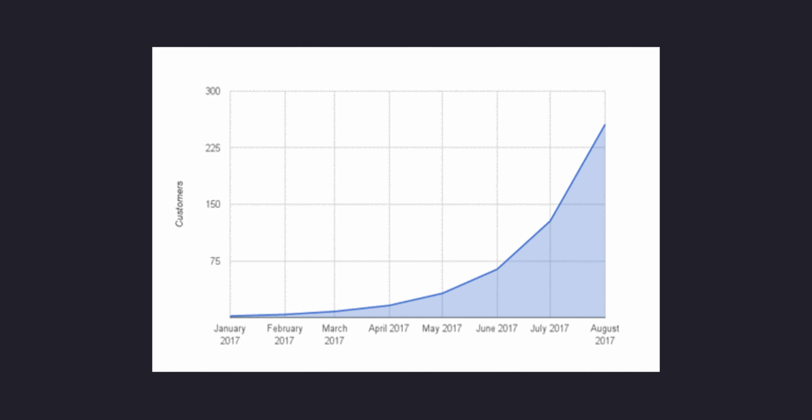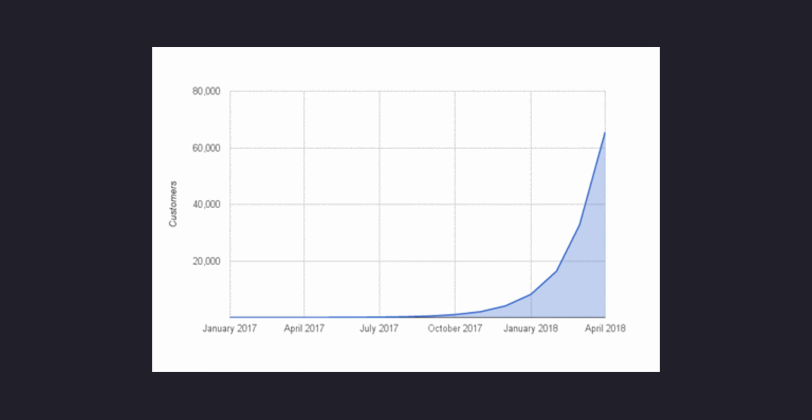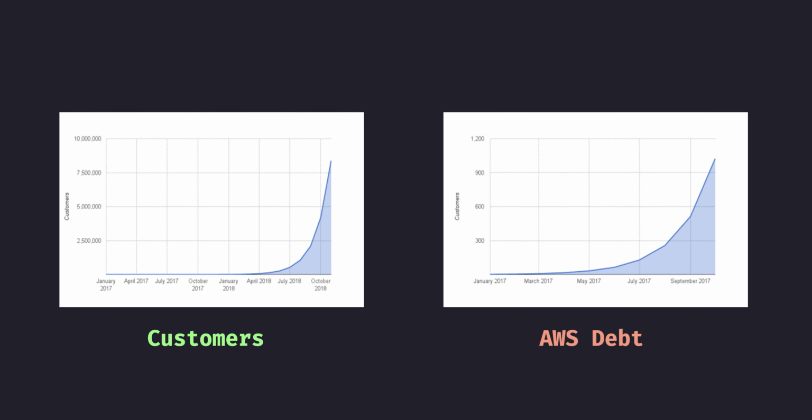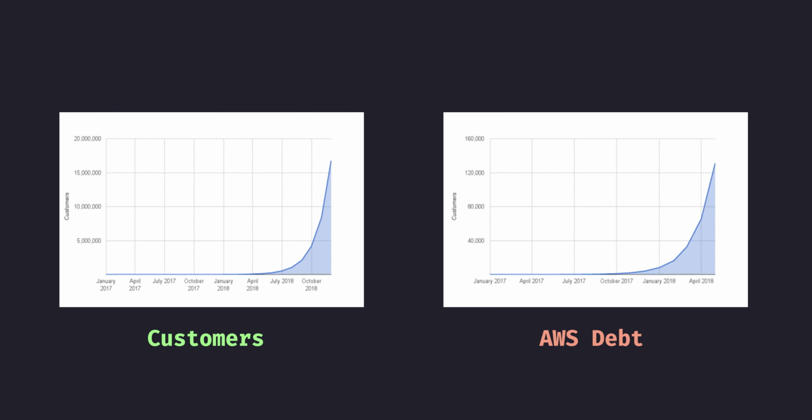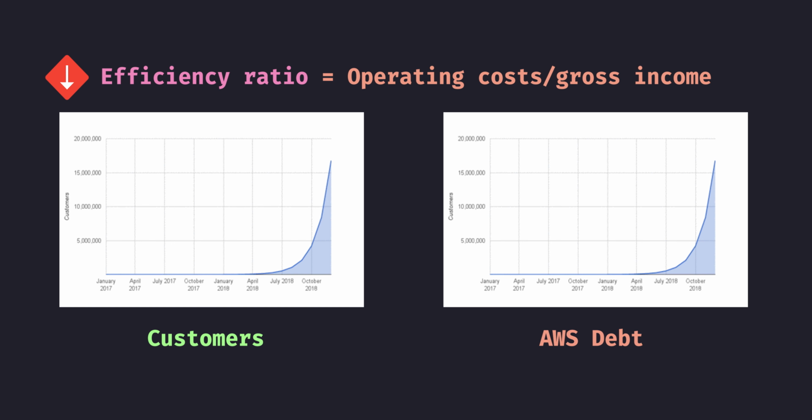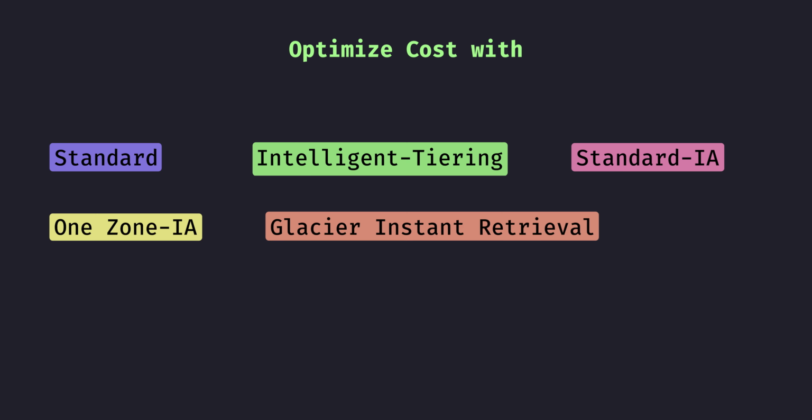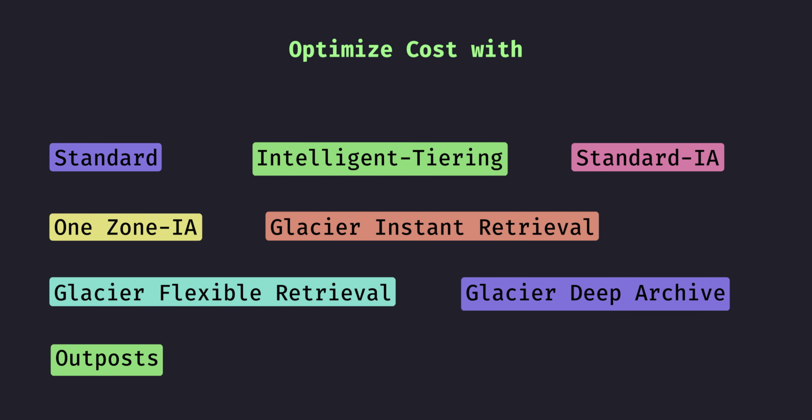If your website has exponential customer base growth, your AWS balance would probably increase exponentially as well. What if I tell you there is a way to achieve a lower efficiency ratio? S3 provides a way to optimize costs through 8 different storage classes, targeting specific use cases and access patterns.